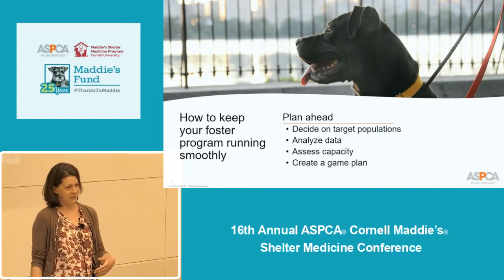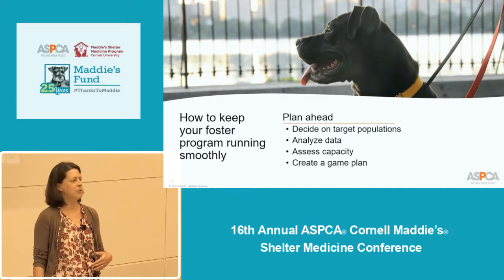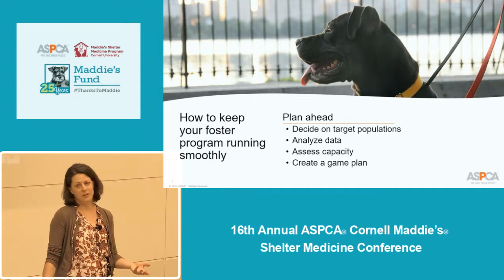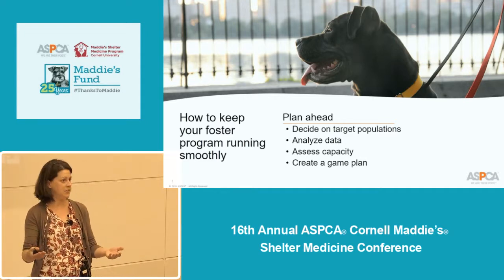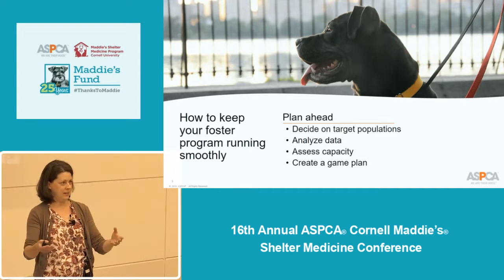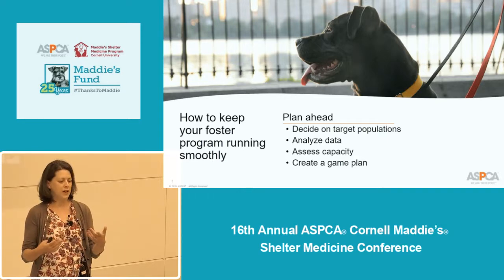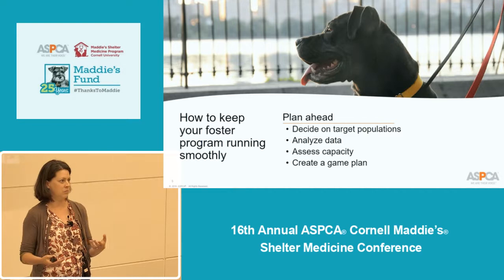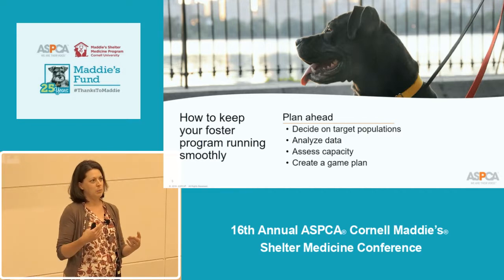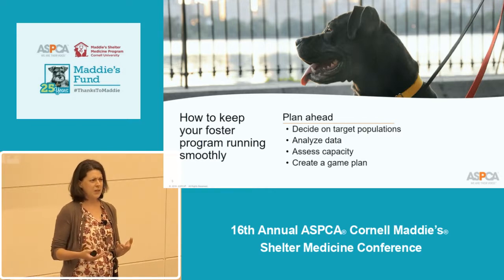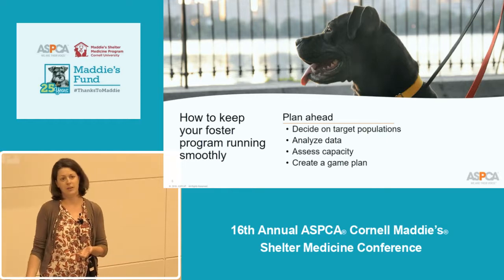And that's very difficult to do, to pull up and plan ahead. When we talk about our neonates, especially when we're talking about kittens, there's a seasonality to it. And so it means kind of planning at the end of kitten season for the next season. But it also means if we're going to talk about bringing in a new aspect to our program, planning for that. And the first step in planning is deciding on your target population.